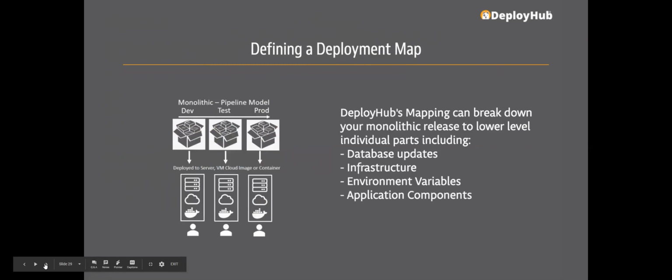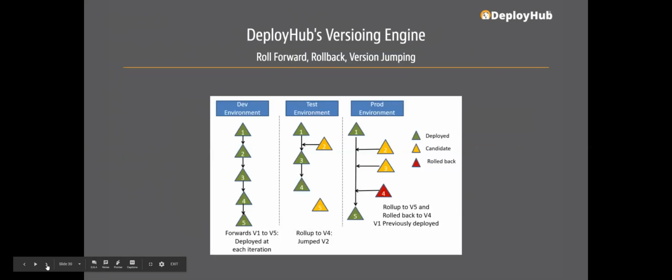If you just want to update your environment variable, we can just manage the environment variable change. And we do this because we have a back-end version control engine that tracks all of these configurations, which allows you to jump forward. Literally, you can jump from version 2 to version 5, and we will only apply the differences. We don't have to reapply everything.